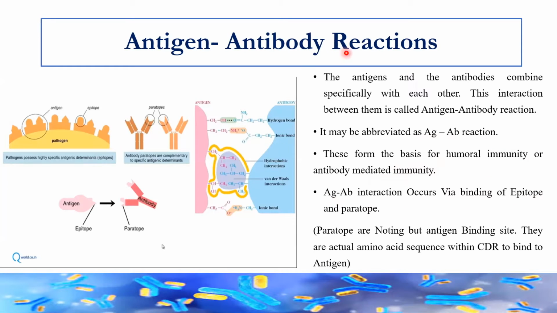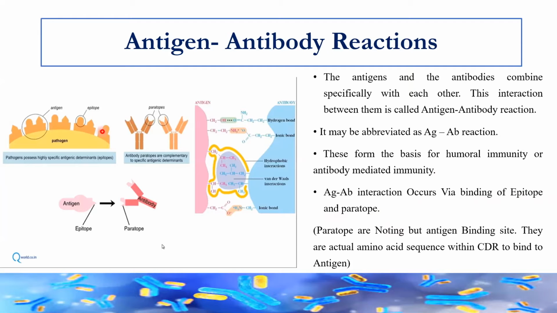Now, when I talk about reactions, you should also know what is actually a reactant in this reaction. When antigen and antibody interaction occurs, this interaction is basically occurring via binding of epitope and paratope.